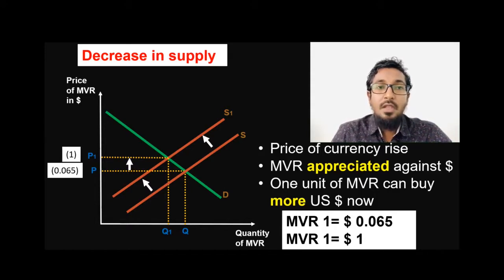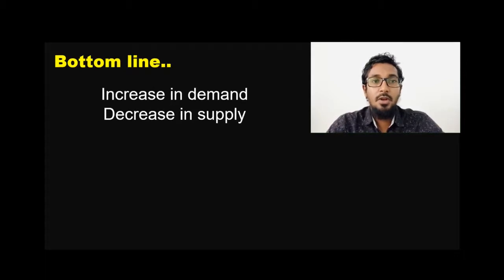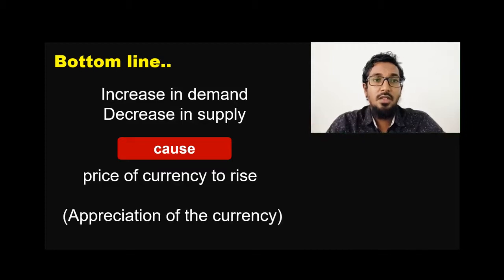With the change, for 1 MVR we can buy more dollar, so that is appreciation of MVR, isn't it? The bottom line is, if demand for the currency increases and supply of the currency falls, what will happen to the price, students? The price of the currency will rise. So in a floating exchange rate, if the price of one currency increases, that is called an appreciation of the currency, isn't it?